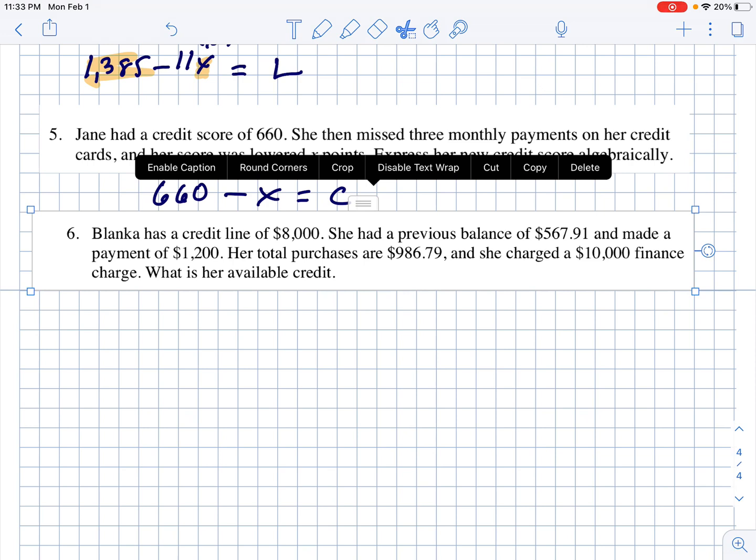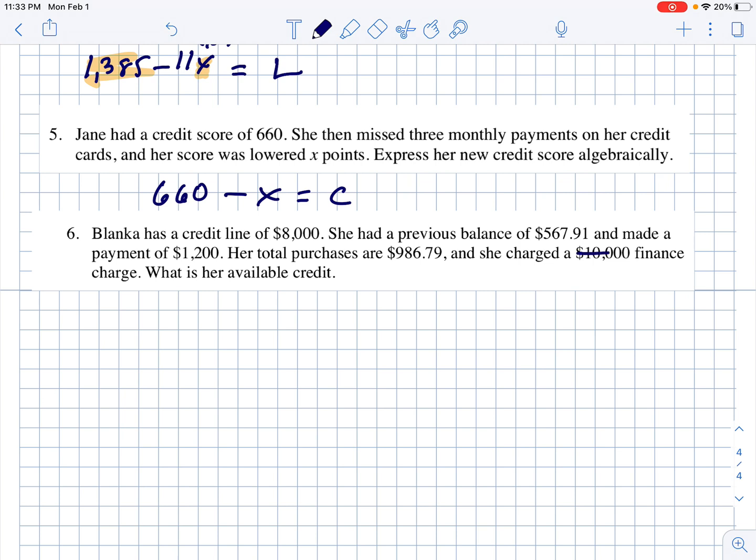That does not seem right. It's supposed to be a $10 finance charge. Okay, I knew there was something wrong there.